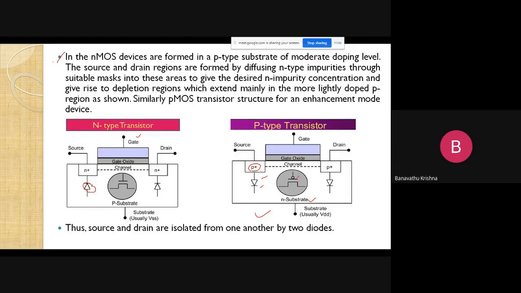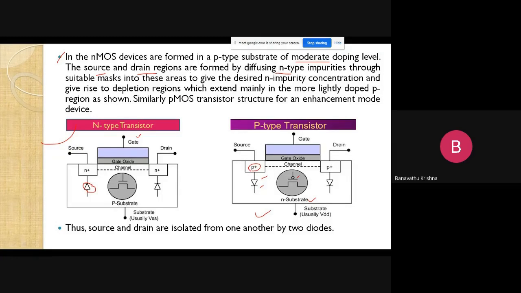So let us observe this point here. The NMOS devices are formed in a P-type substrate of moderate doping levels. The source and drain regions are formed by diffusing N-type impurities through suitable masking into these areas to give the desired impurity concentration, and this gives rise to a depletion region, which extends mainly in the more lightly doped P regions.